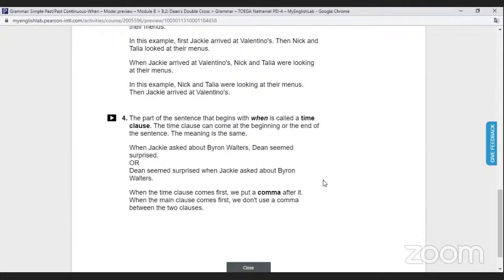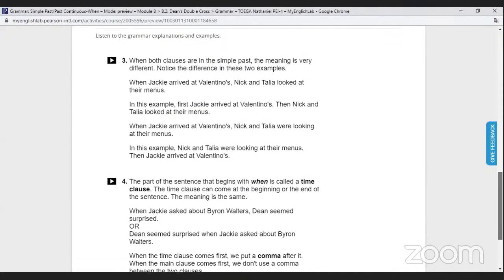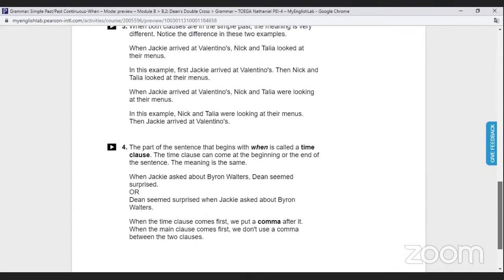When the main clause comes first, we don't put a comma between the two clauses. It's the same as the last one about the future, but in the past in this case. Only focus on this.